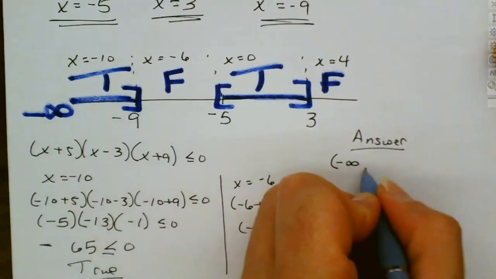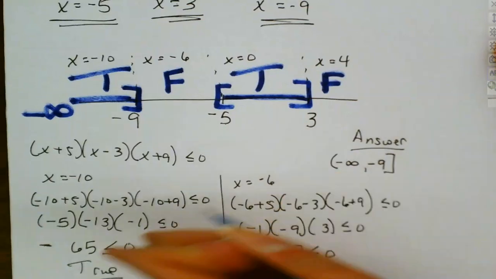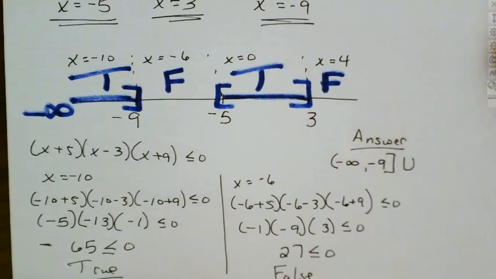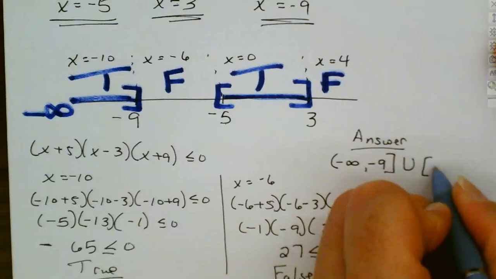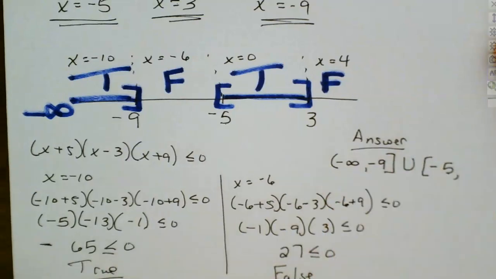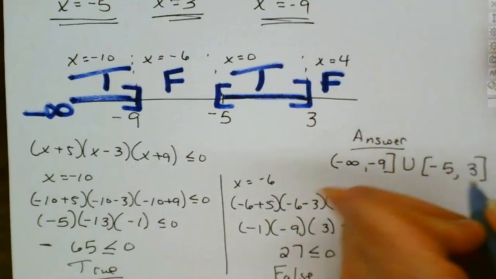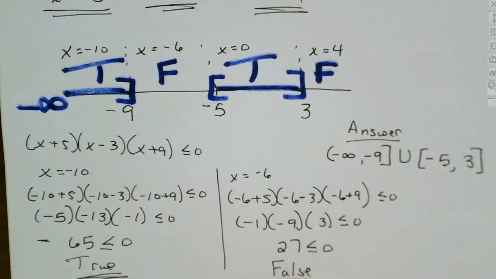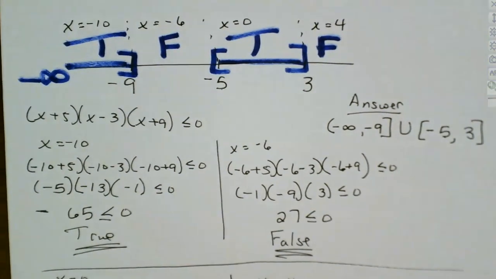It goes to negative 9 with the square bracket. Then we use a U for union. And we have a minus 5. And it goes to a positive 3. So that's what we've got there.